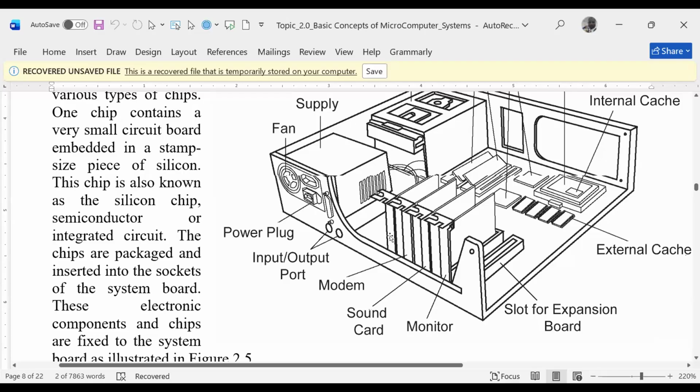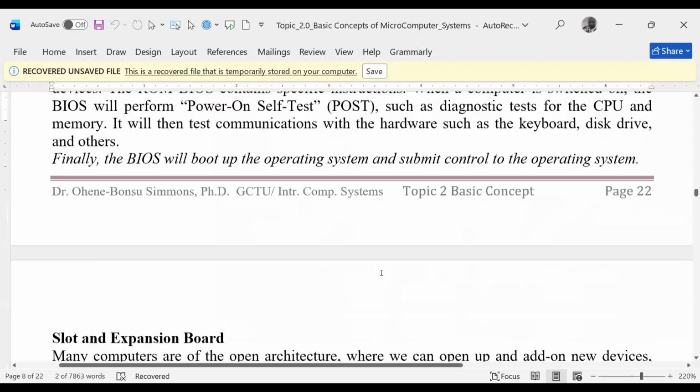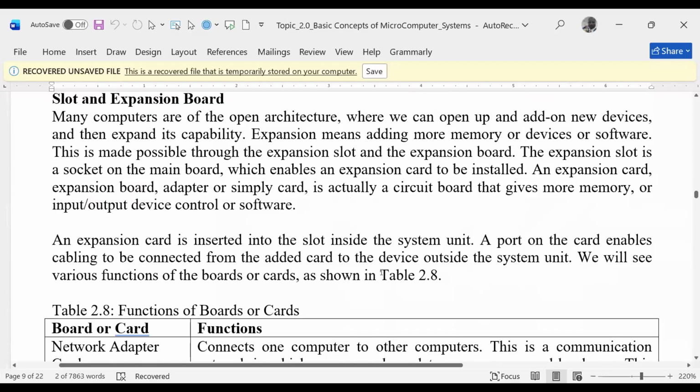You can expand here if you don't have a network interface, and have a network. If you want a TV to be connected to your computer, you have to add an additional device. This is called the expansion board or slot area where other devices can be connected. So when you hear expansion in computing, it means upgrading.